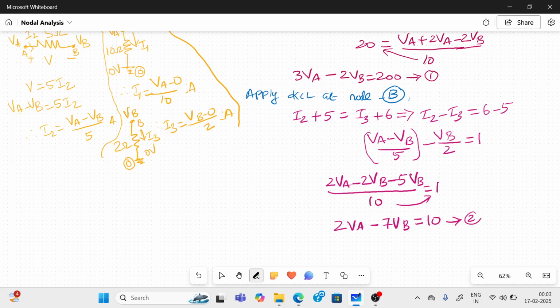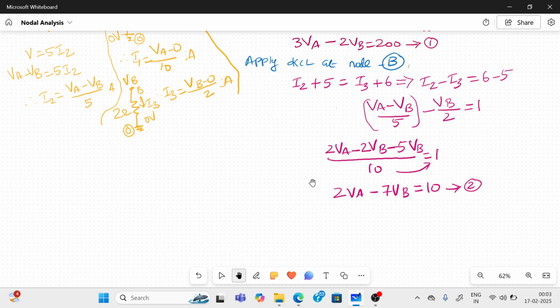Equation number 2. By solving equation 1 and 2, what is equation 1? 3 VA minus 2 VB is equal to 200, equation number 1.